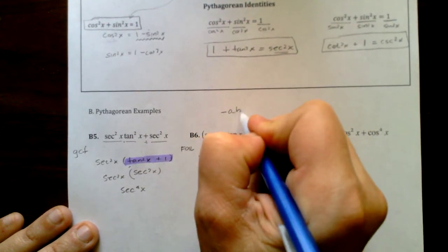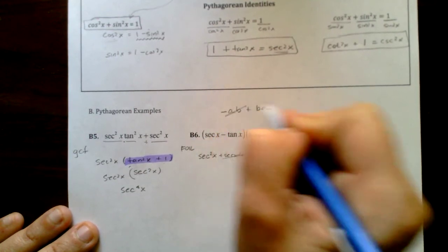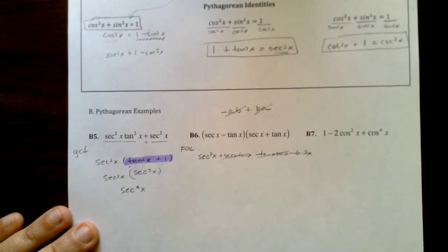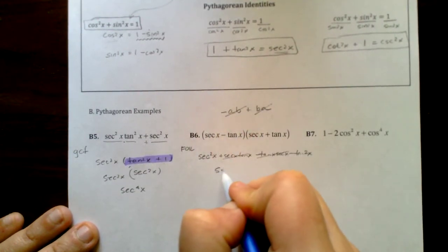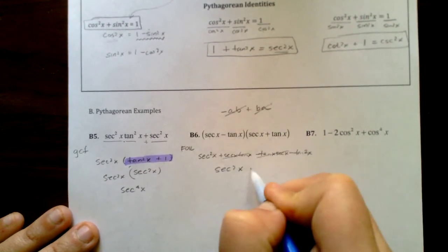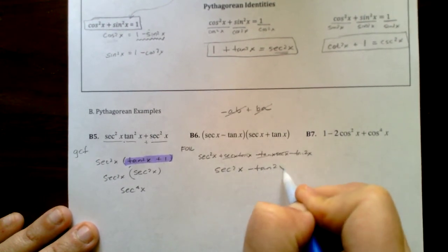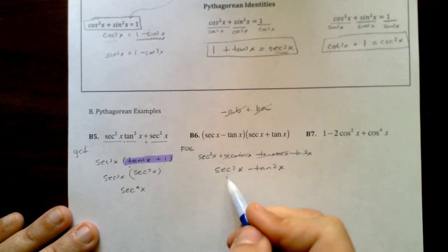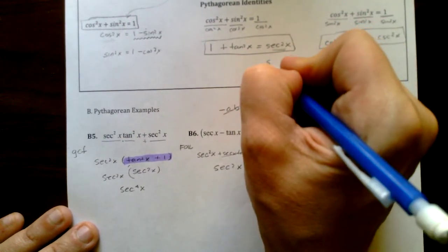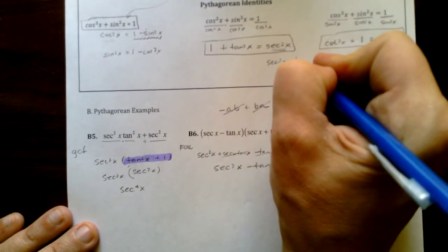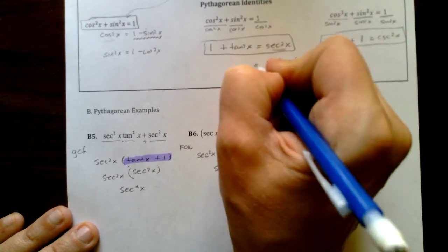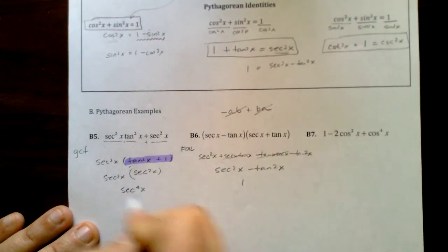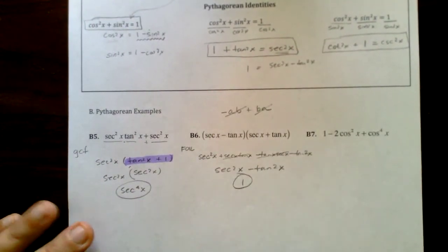Remember, negative AB plus BA cancels. You can change the order when you're multiplying. So that leaves me with secant squared x minus tangent squared x. If I check this out up here and I rearrange it, secant squared x minus tangent squared x equals 1. So that is my solution, just 1.